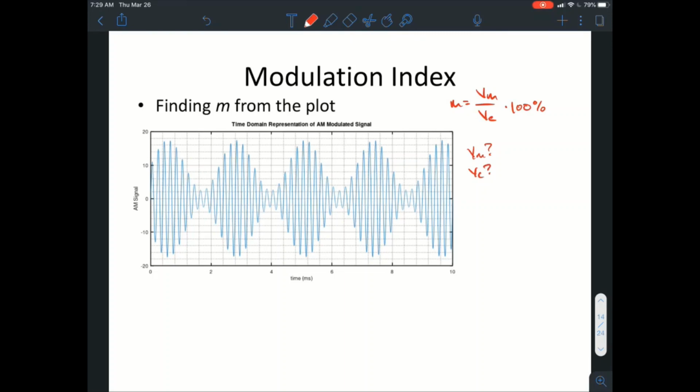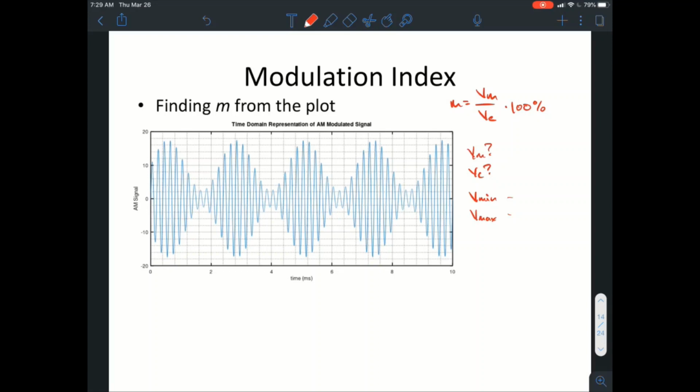We can find V min and V max, and we're going to use those to find out what M is. We can also find V sub M and V sub C from V min and V max, and I'll show you those equations and how we're going to extract that information.